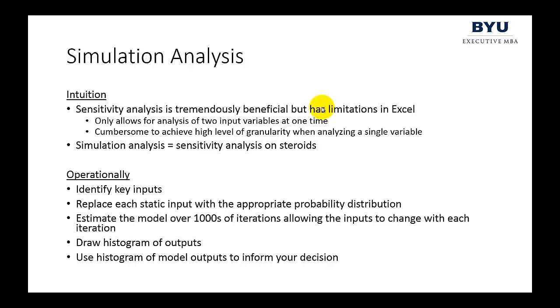Once you've identified those key inputs, the ones with uncertainty that drive the model output, we're going to replace each of those static inputs with the appropriate probability distribution. Once we replace all of those key input variables with probability distributions, then we're going to estimate the model over thousands of iterations, allowing the inputs to change based on those probability distributions with each iteration.